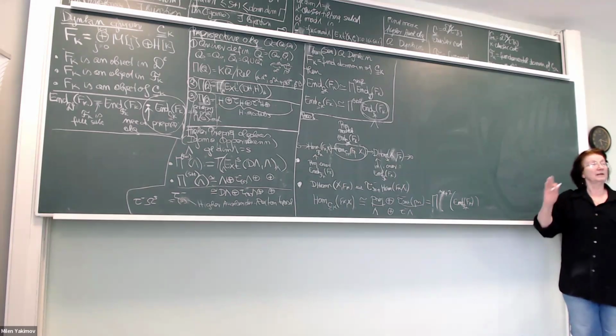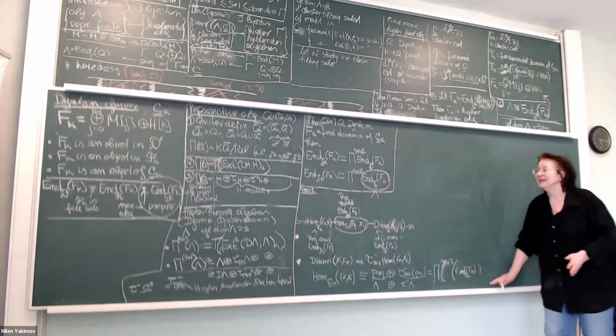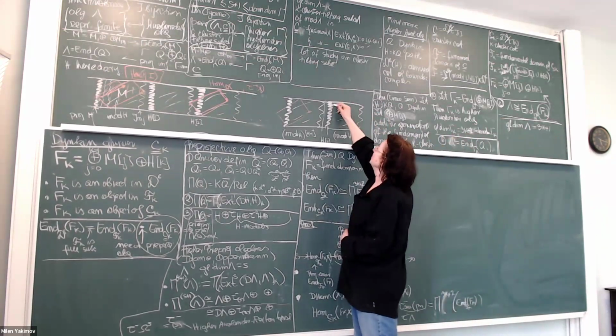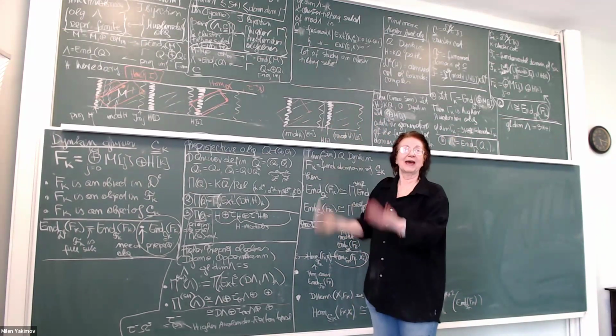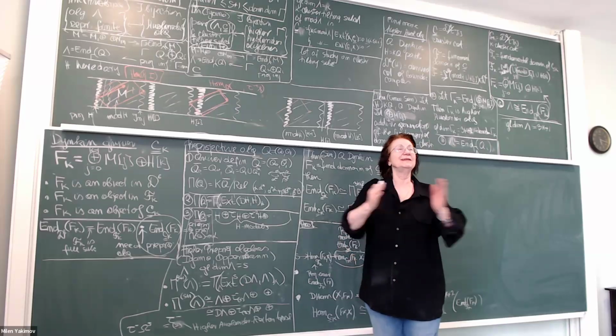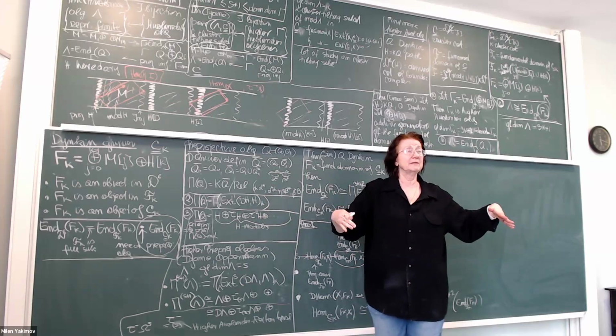So you look at the same collection of modules or objects. If you look at all the objects up to here, and you look at the endomorphism algebra, if you look at those objects just within the derived category, you get a certain endomorphism algebra.